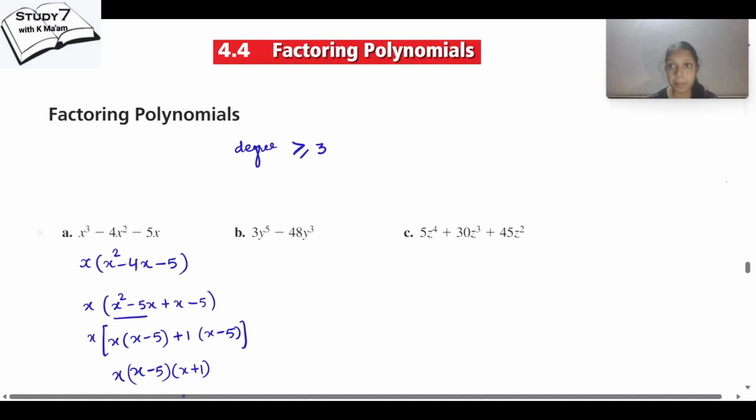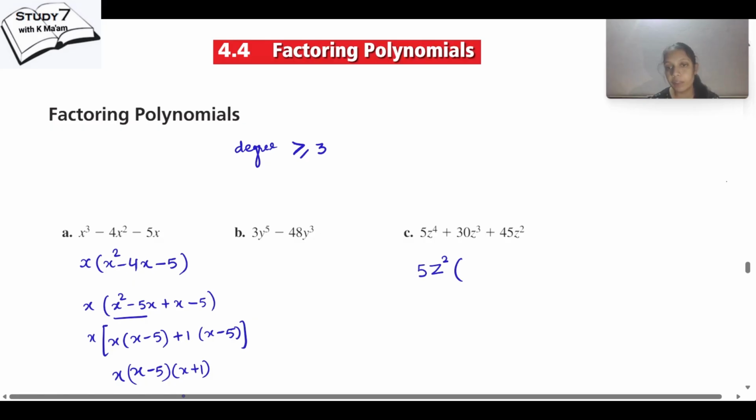Let's see now C part. In the C part, we have this polynomial. Its power is 4. So if you see carefully, the powers are 4, 3 and 2. You can take z power 2 common. Anything else you can take common? Yes, 5. Every term is a multiple of 5. So I take 5 common.